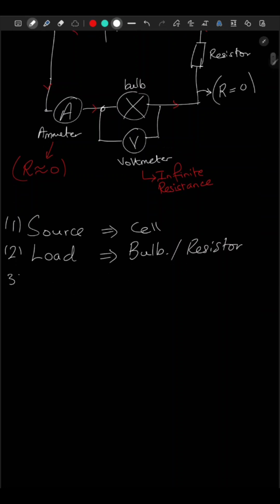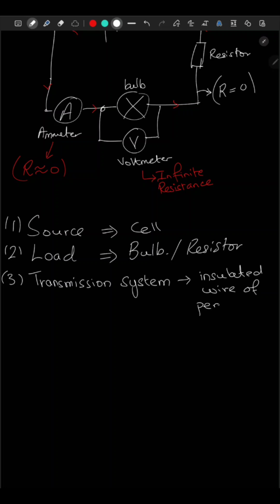And third, it must have a transmission system, for example, an insulated wire of perfect conductors.